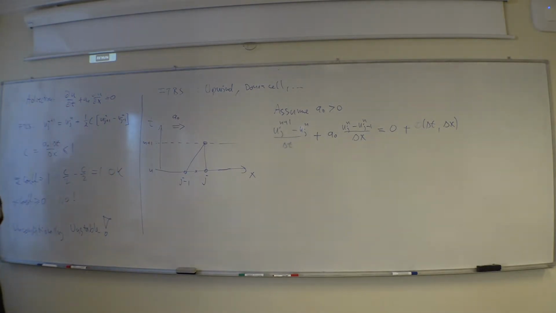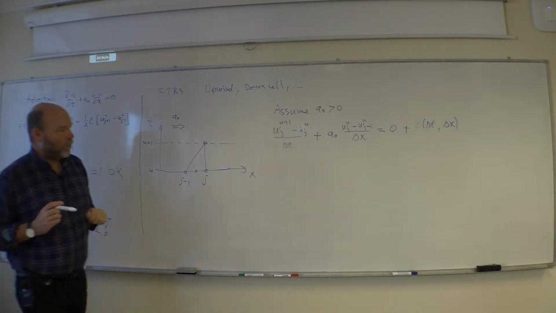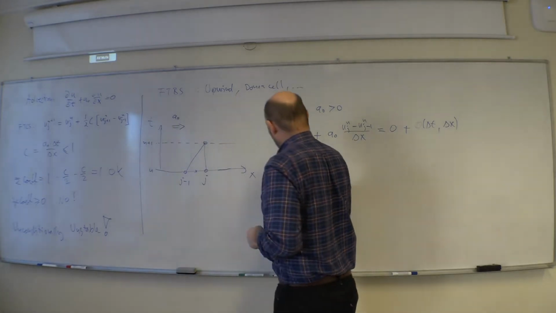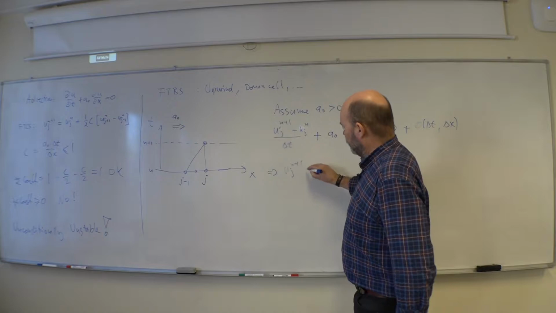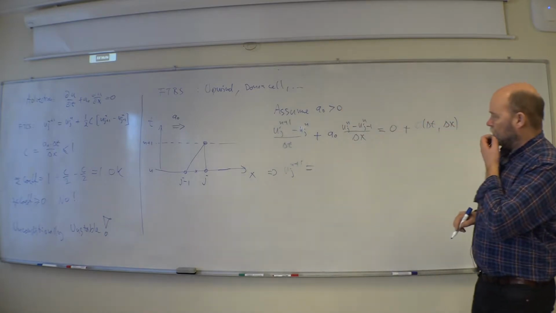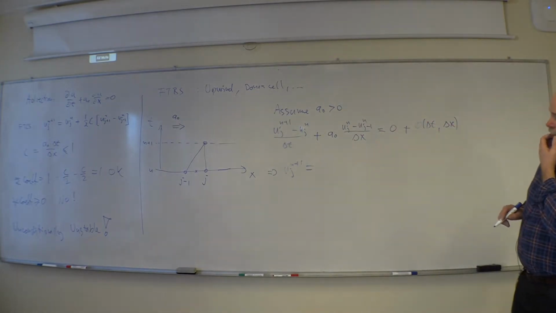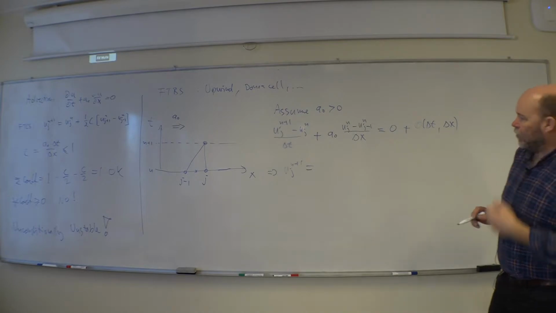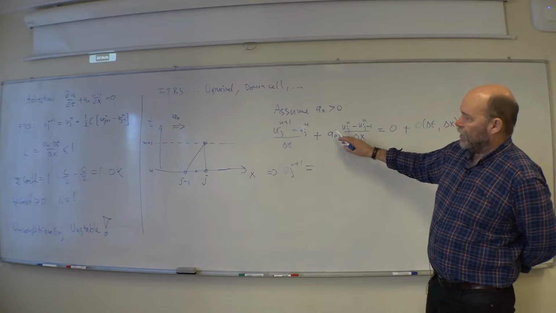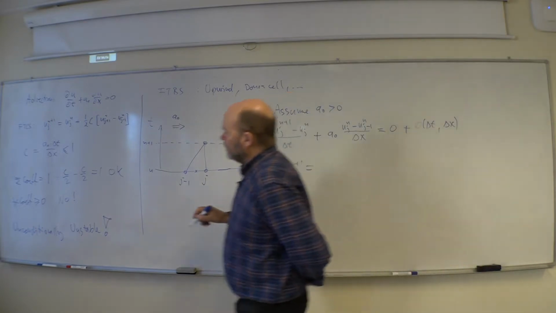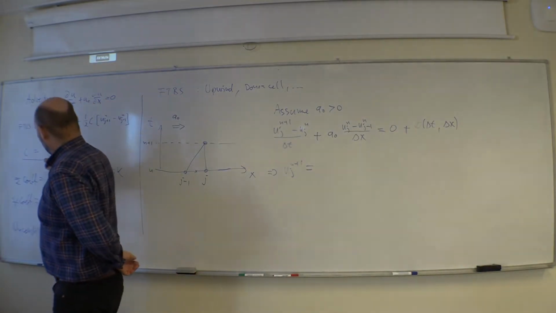What will my stencil be if I want to write it in a programming form? Well, you have the new n+1 unknown equal to the rest. Throw everything else on the other side. What will it be? You can again construct the Courant number, the C, in the same way.